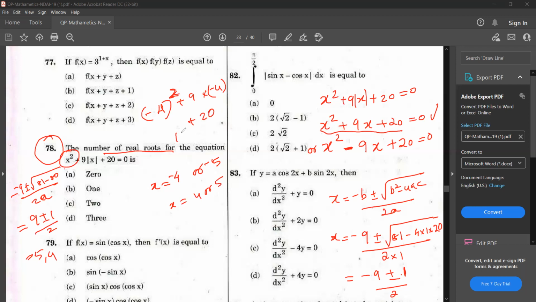What will you get? 16, isn't it? 9 into 4, that is minus 36, plus 20. 16 minus 36 plus 20. What do we get? We get minus 20 plus 20, isn't it? So that is 0.